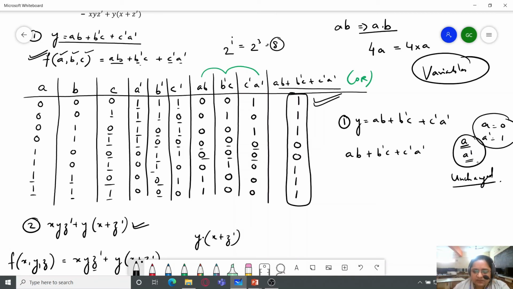So the variables will remain as they are, like A B, but A B means A dot B, that is A and B, so it will change into A plus B. Then this plus will change into dot B dash plus C dot C dash plus A dash. So this is the dual of this expression.